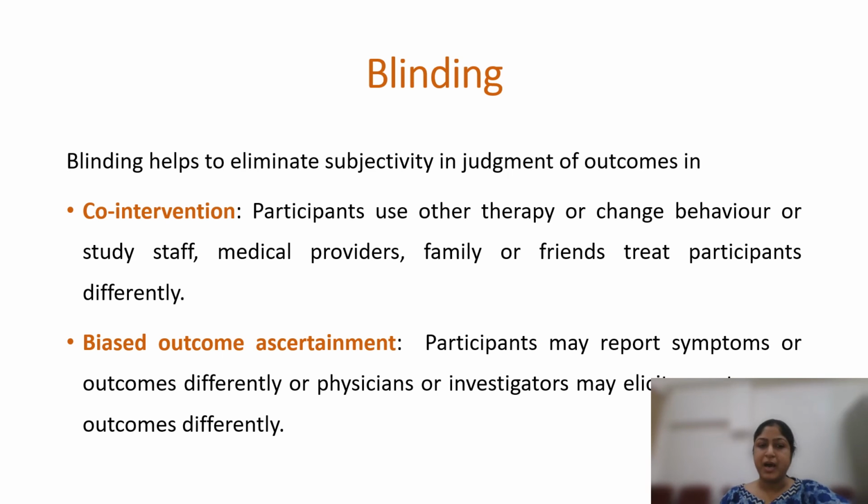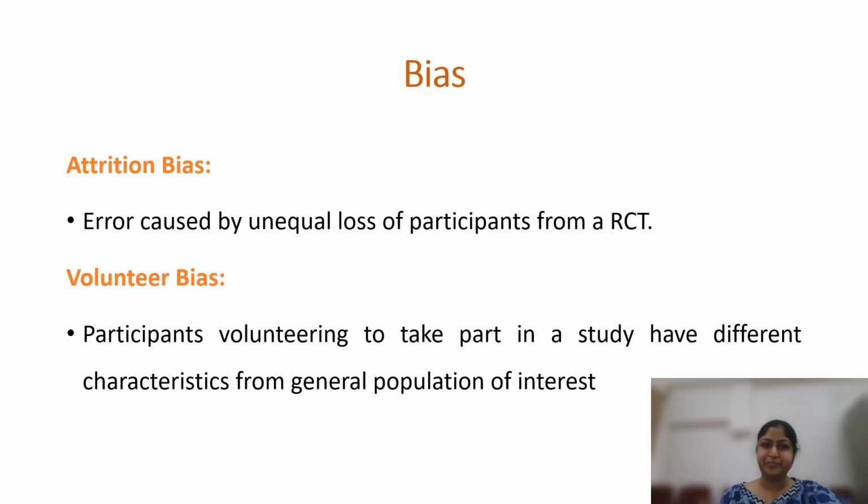Second is biased outcome ascertainment: the participants may report symptoms or outcomes differently, or physicians or investigators may elicit the symptoms and outcomes differently if they are aware whether the participant belongs to the intervention group or the control group. This can be minimized with the help of blinding.